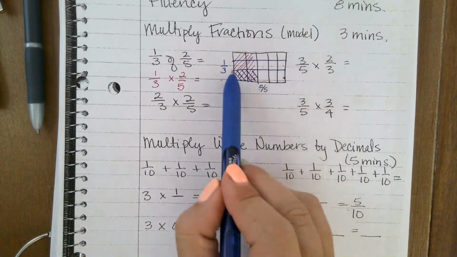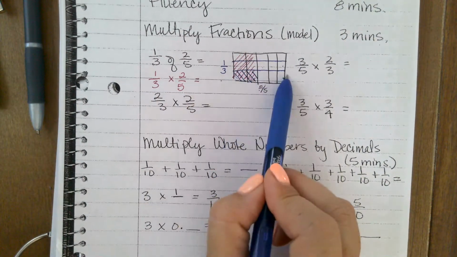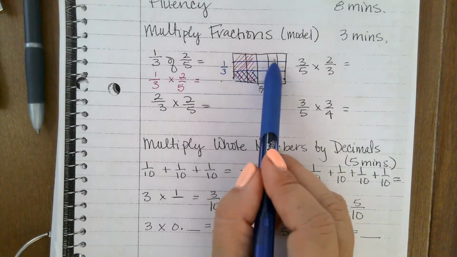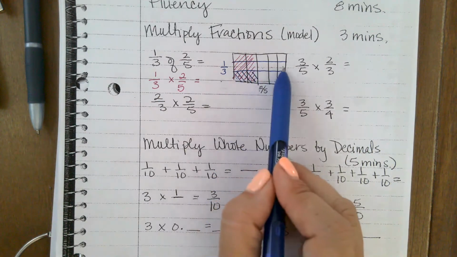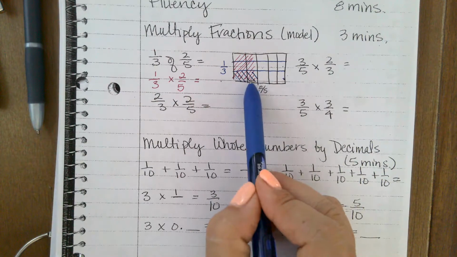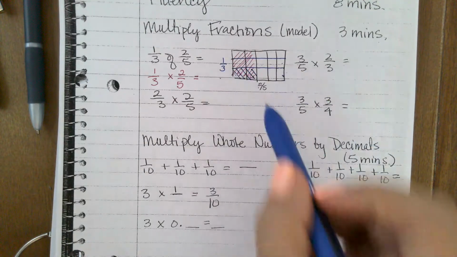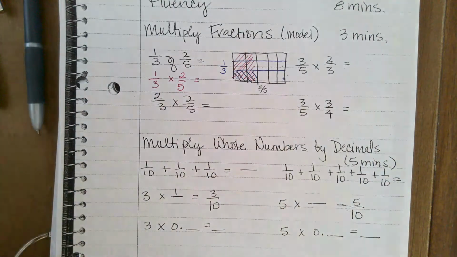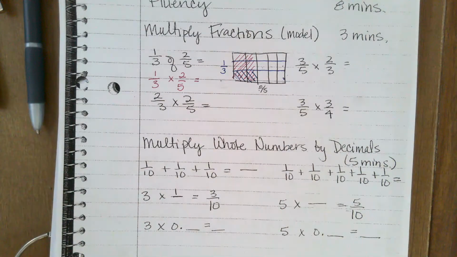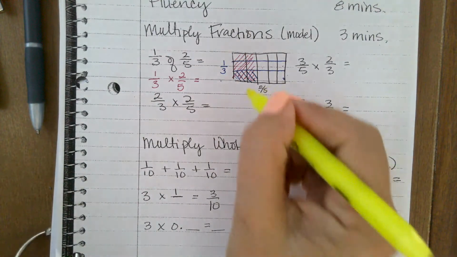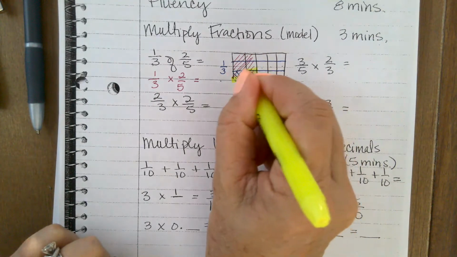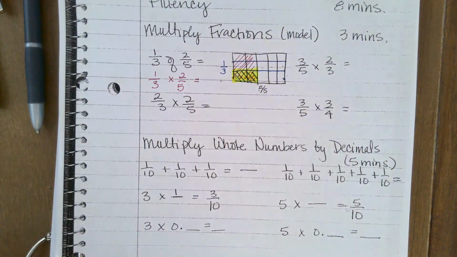When we divided this up into thirds, we now have 1, 2, 3, 4, 5, 6, 7, 8, 9, 10, 11, 12, 13, 14, 15. We have 15 parts, right? How many parts are double shaded? It's just this part right here, right?